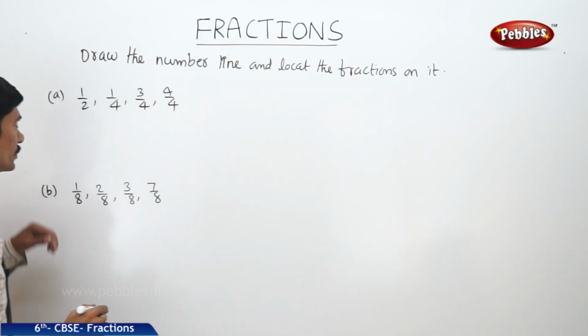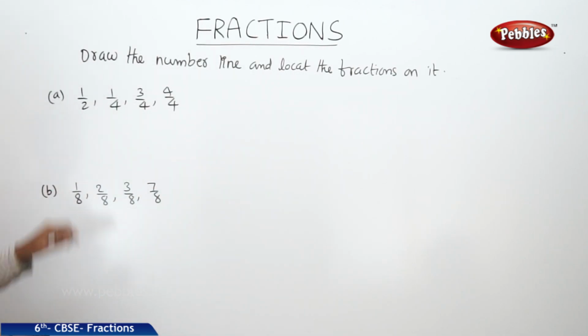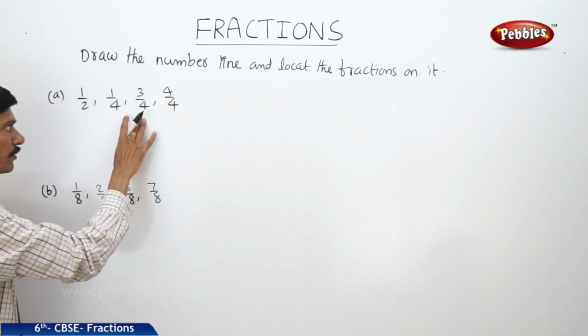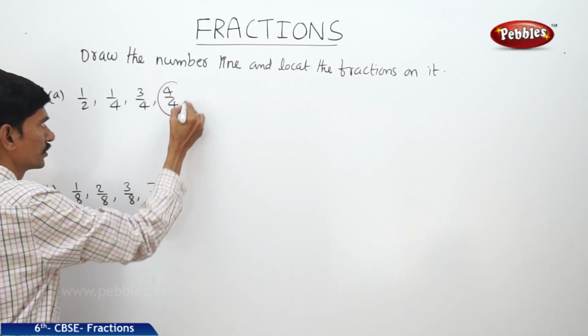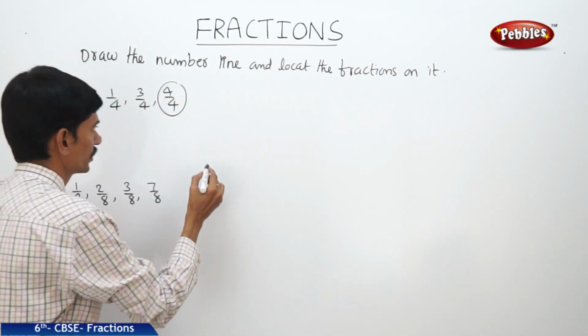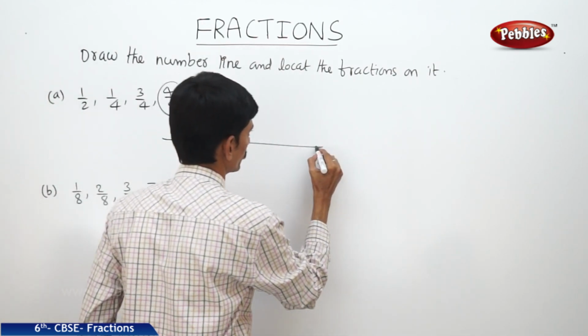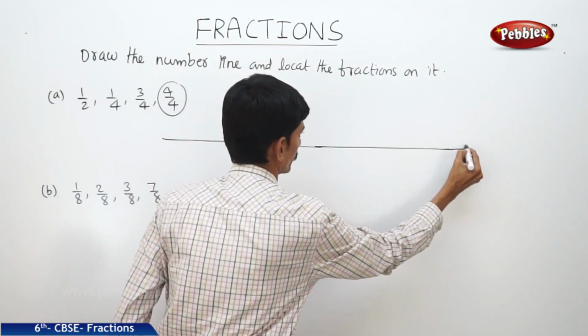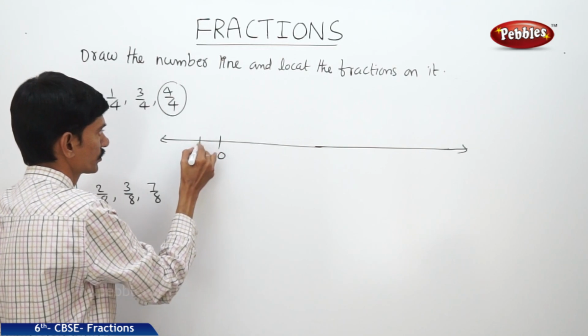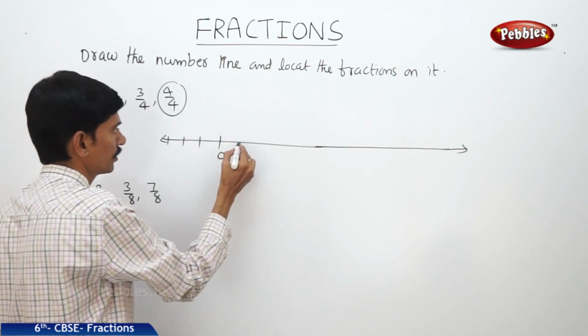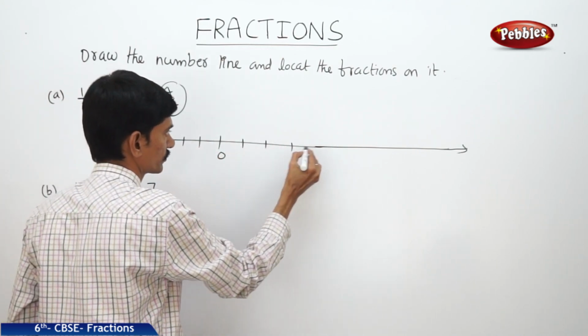Now the first question, so there are a few fractions. All are proper fractions: 1 by 2, 1 by 4, 3 by 4 and here 4 by 4. So this is an improper fraction. Now let us draw the number line. So on the number line we take 0, and we take all equal parts.